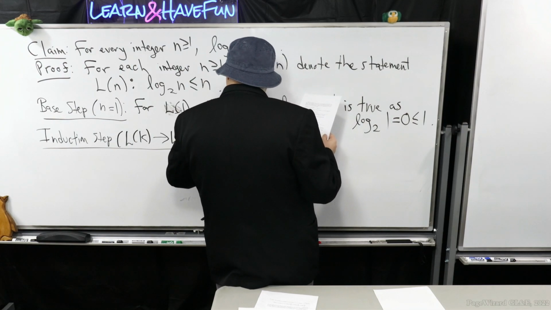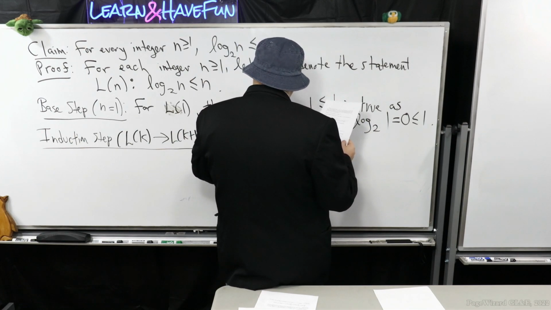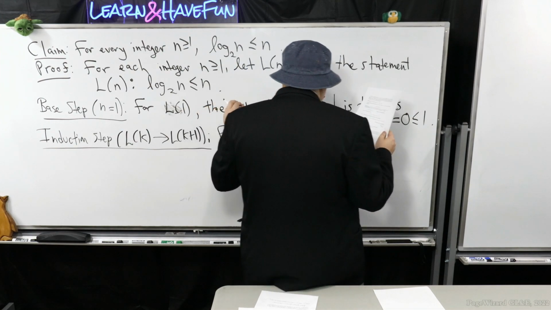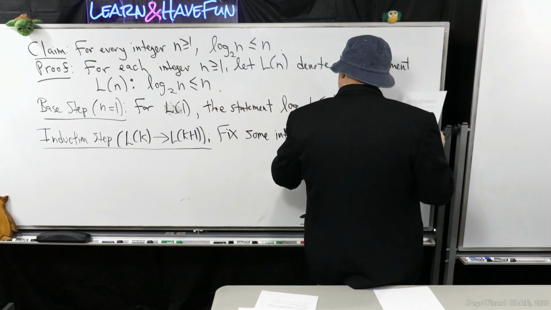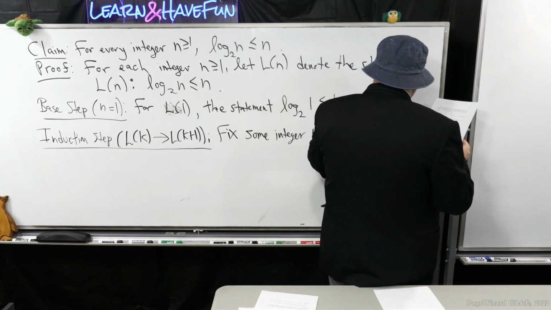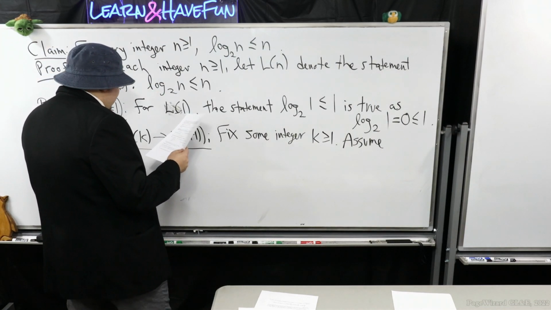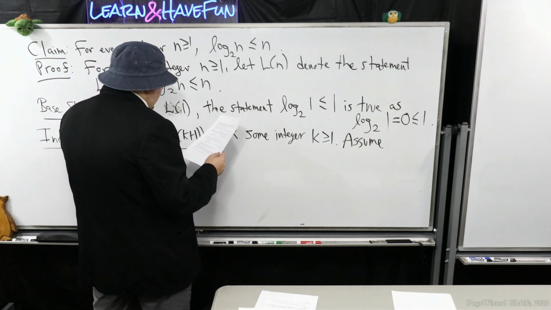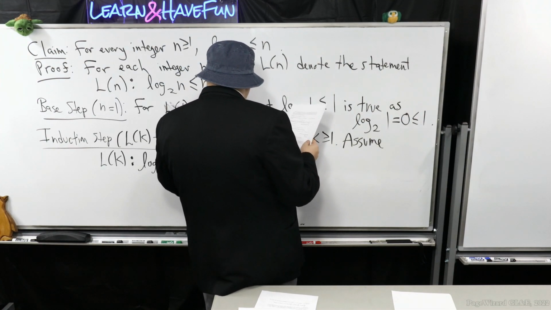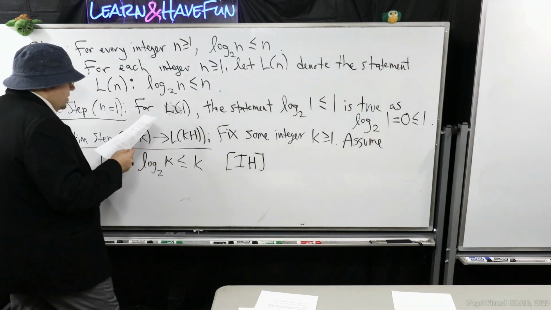I'm going to fix, for one given rung, some integer k greater or equal to 1, and I'm going to assume L of k, which, as a reminder, is that log base 2 of k is less than or equal to k. This is going to be our inductive hypothesis, and it is true.